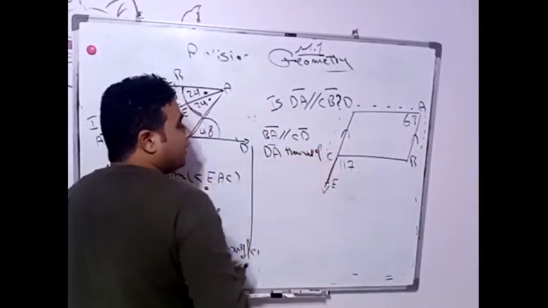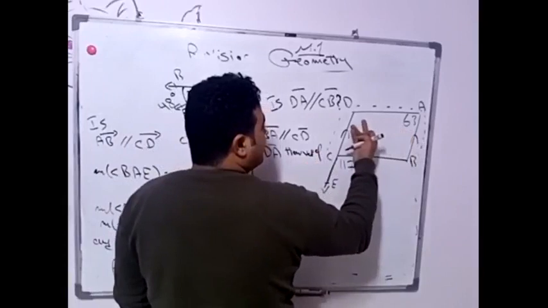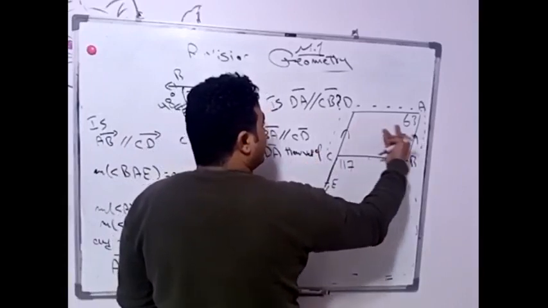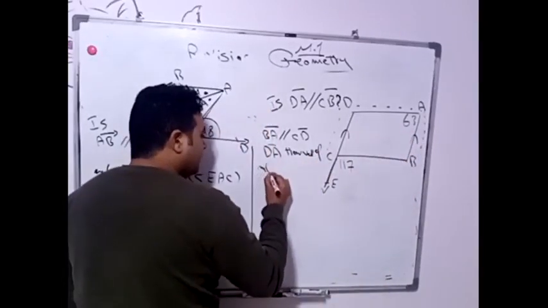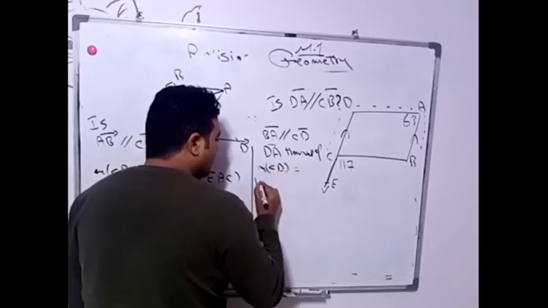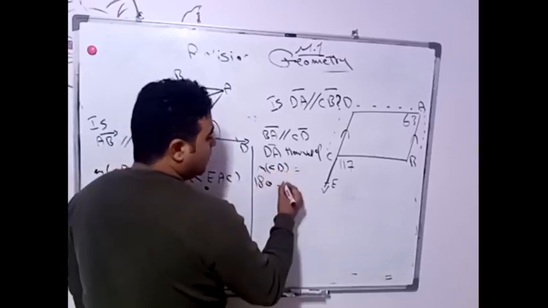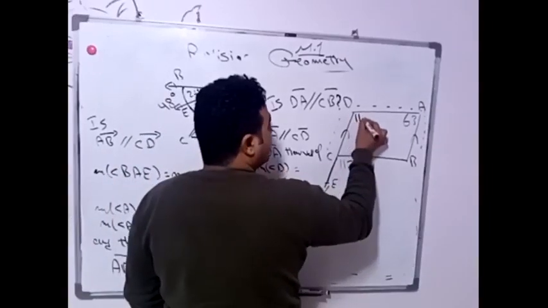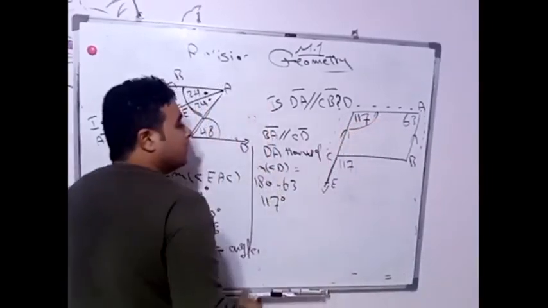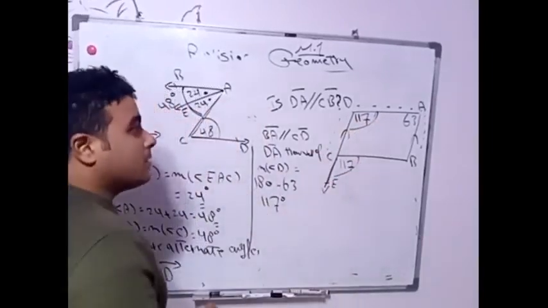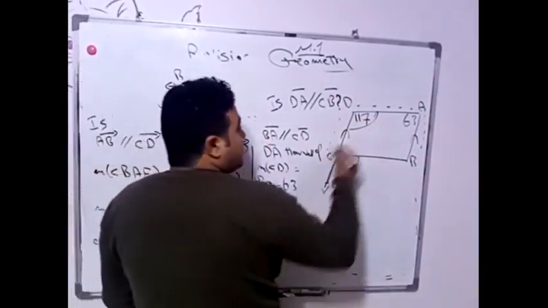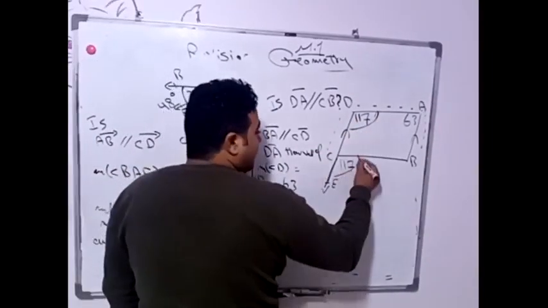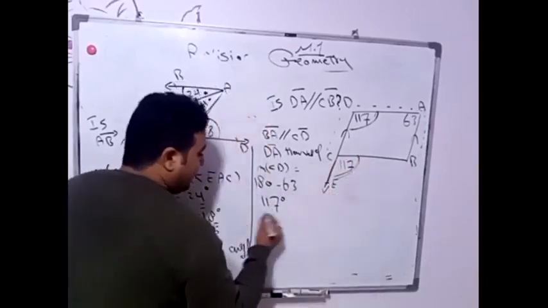So now in letter U, I have this angle and this angle, the sum of them 180, supplementary. So measure angle D equals 180 minus 63, equal 117 degrees. This is 117. Now I have a surprise: angle D equals angle BCE.